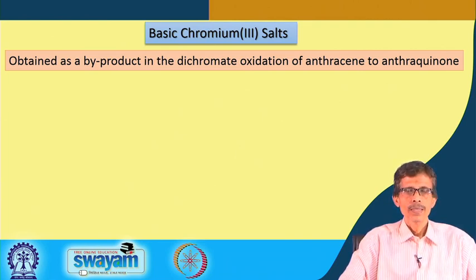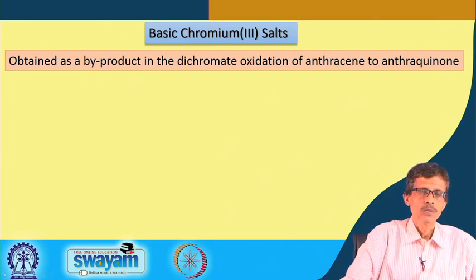That is why, including in the titrimetric method, the redox titration, we use potassium dichromate or sodium dichromate, the chromium in the hexavalent state, and during the process that hexavalent chromium center can be reduced to chromium 3 salts.